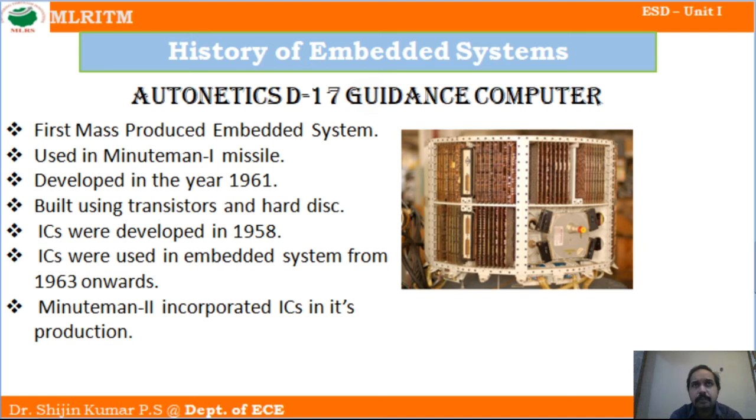Then if you say the history, this is the first thing we are discussing: the first embedded system and the first mass produced embedded system. Then afterwards what happened? If you look into the history, we developed a very important microprocessor called Intel 8086, which has so many features like pipelining.